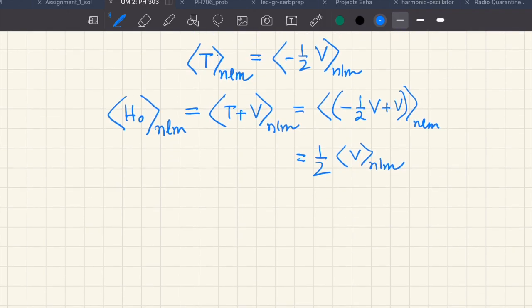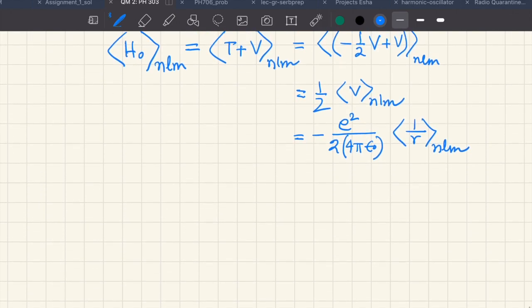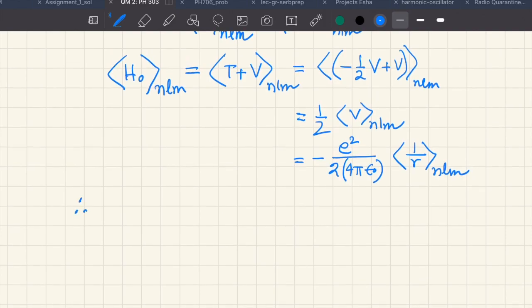So we know the expression of V. It is minus e squared by 4 pi epsilon naught times 1 by R in the state NLM. Therefore, we can use this to figure out the expectation value of the 1 by R operator.